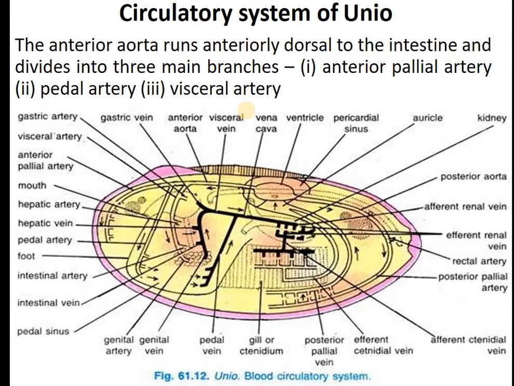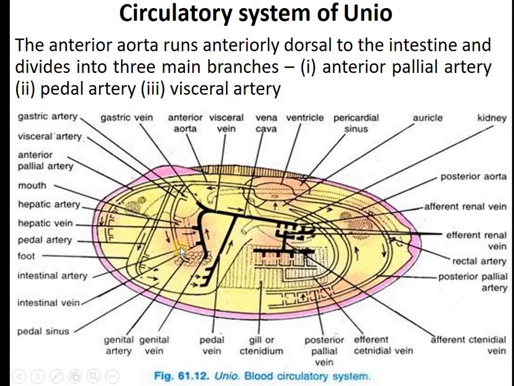The anterior pallial artery supplies the blood to the mantle. The pedal artery supplies the blood to the foot. The visceral artery supplies the blood to the different parts of the viscera. In this visceral artery we see the gastric artery, hepatic artery, intestinal artery, and genital artery.